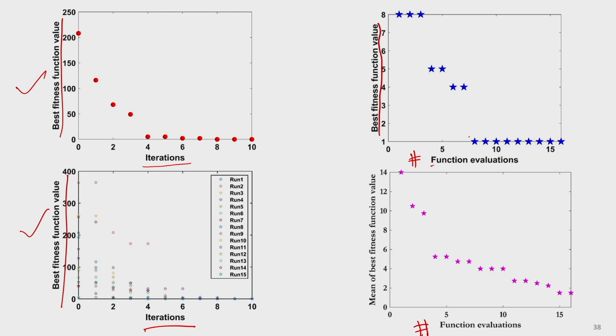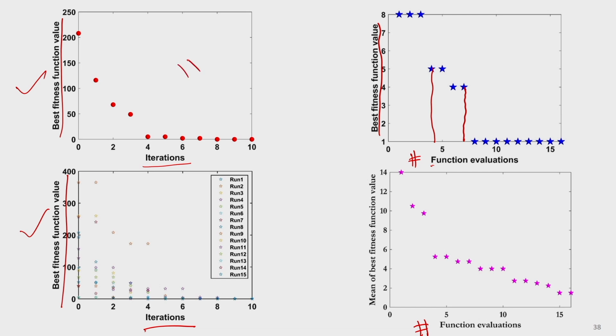So, till this particular functional evaluation, what is the best solution you have got so far, that is what we are plotting over here, right. So, in this case, till the 4th functional evaluation, the best solution that was obtained was 5. That is what the third plot shows, and this final plot is to show the mean.